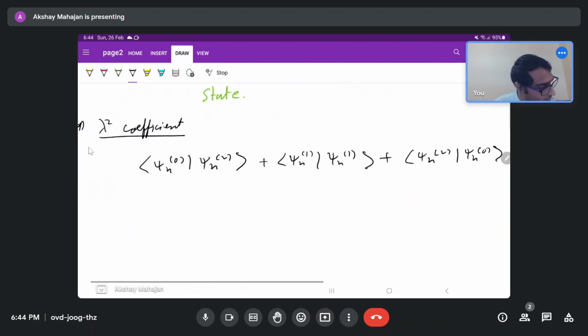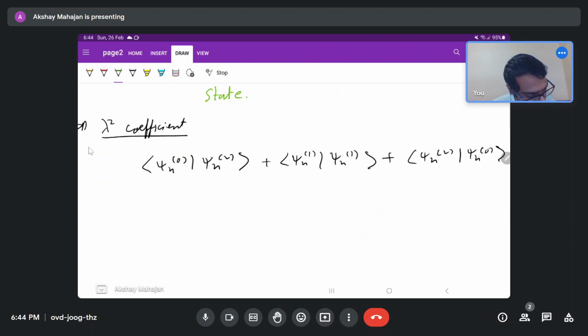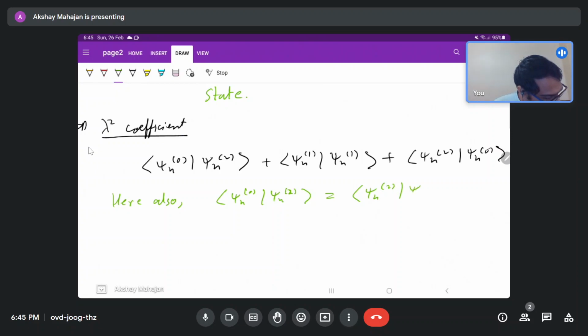Now, psi n of 0 and psi of 2 are complex conjugates, but we can choose them to be real by choosing an arbitrary phase of psi n of the second order.